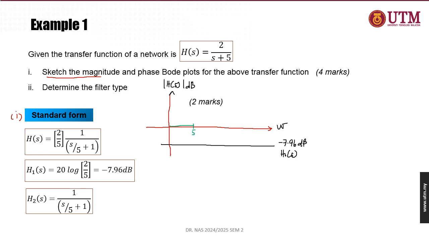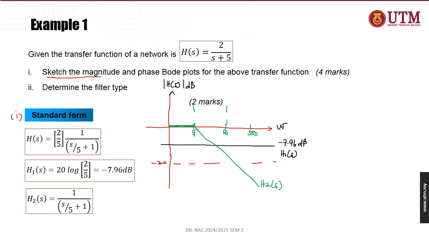So it's 0 from 0 to 5, and then you have negative 20 dB per decade from 5 onward. So this is 5, and then 50, and then 500, and so on. So approximately there, we assume that here is negative 20 dB per decade. So the line drops down by 20 dB per decade, something like this. Okay, so this is your H2(s).